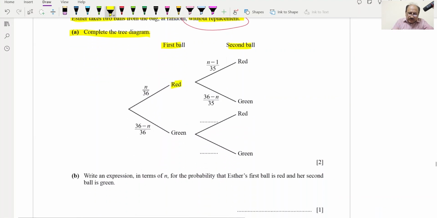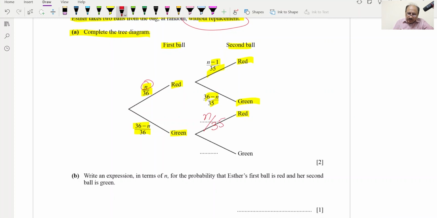And if this is red, this will be n by 36. If it is green, this will be 36 minus n over 36. Similarly, for red and green they have provided this one. For this red we need to write this one. We know that there are n red balls, so here there are still n because no red has gone, but the total is one less, so instead of 36 it will be 35, so n over 35.